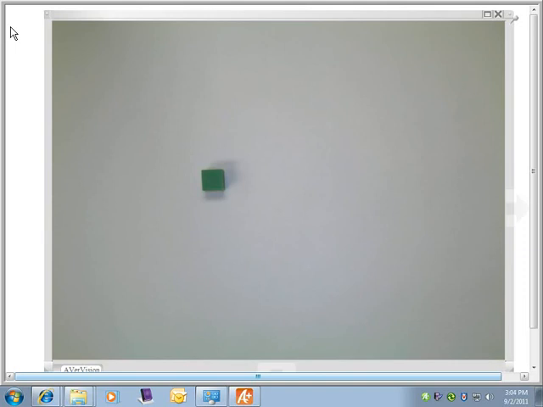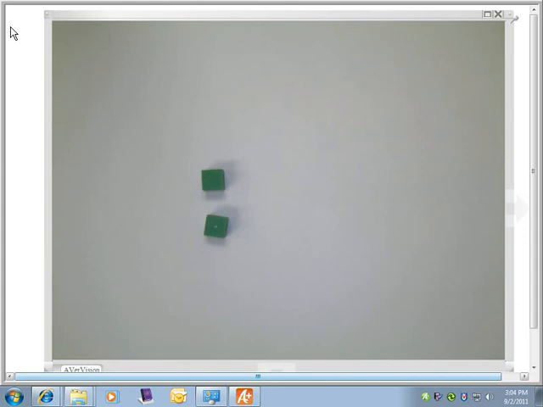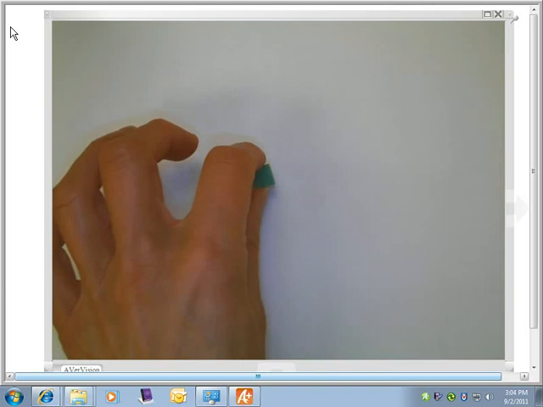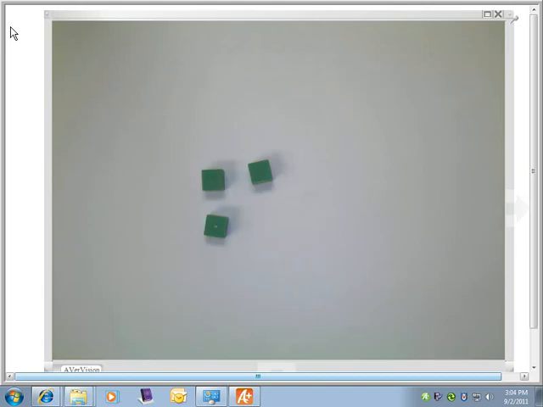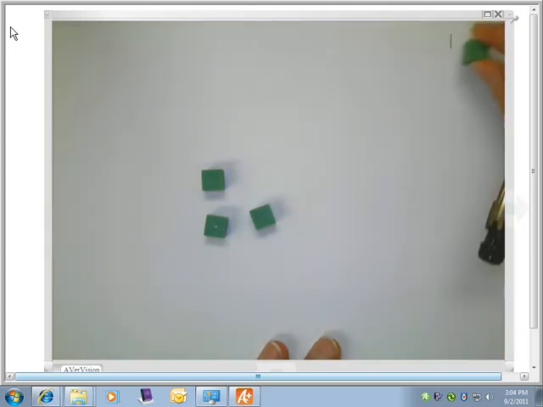So that's 1. That's 2. That's 3. That's 4. I think you get the idea. So we're going to remember that our green is equal to 1.